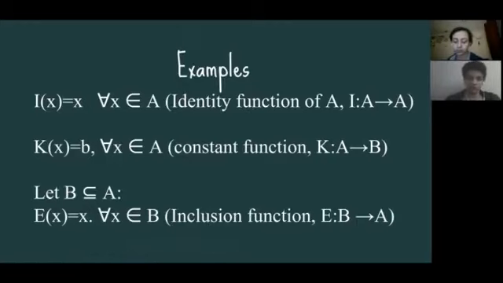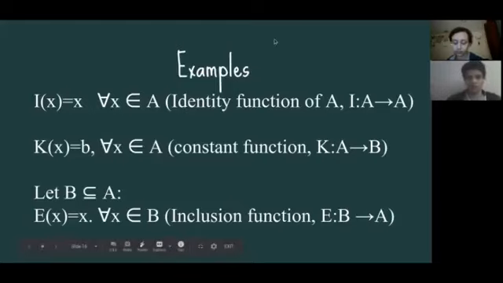The inner circle is just B, so every element in B is paired with itself. But now we can see that every single element that's not in B but in A, so every element that is in the outer circle but not in the inner circle, is paired with nothing. So it cannot be surjective. The only case that this can be surjective is if the two circles are the same circle, or if B equals A.